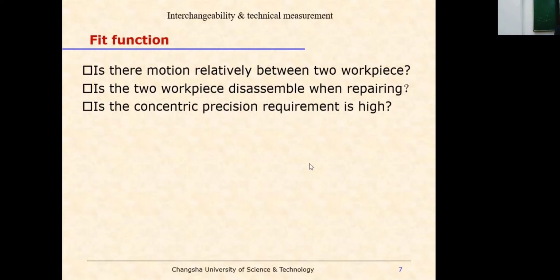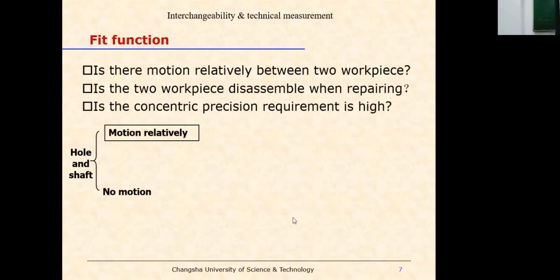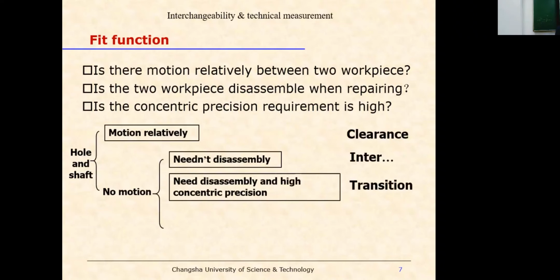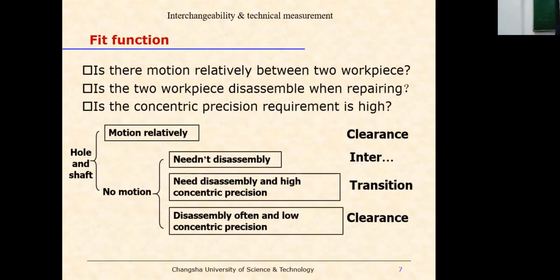So this is the principle of how to choose clearance, interference or transition, according to the part's working function.